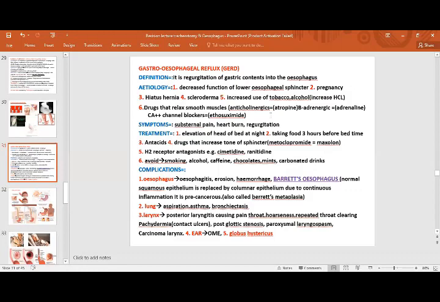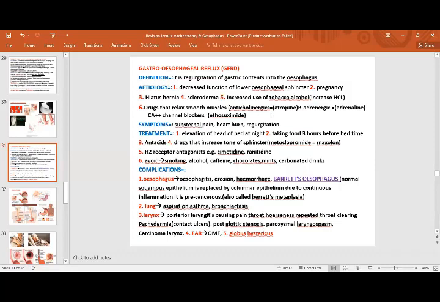So sometimes a patient presents with laryngitis, and if we take the history of GERD and treat it properly, most patients' voice would be normal after proper medication or changing of lifestyle. Then GERD could be treated easily.